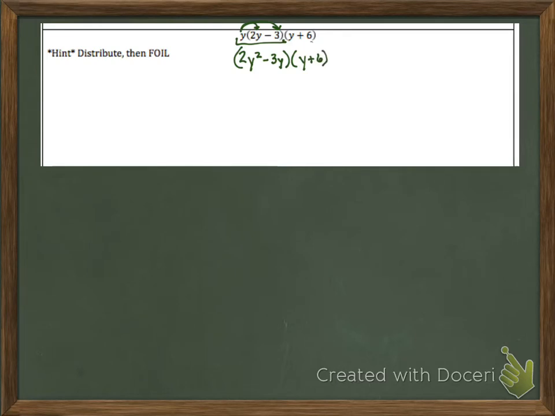And so then I have binomial times binomial, and I can just follow what we've been doing with FOIL all along. So I can do first terms here, 2y squared times y, and that's going to give me 2y to the third. Outer terms, and so that's going to give me plus 12y squared. Inner terms, and that's going to give me minus 3y squared.